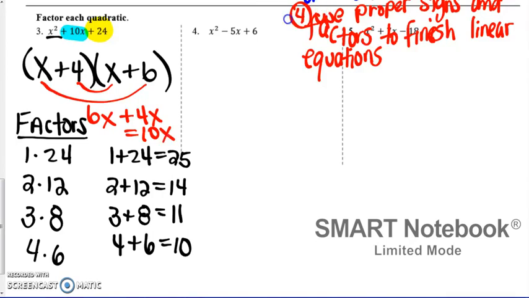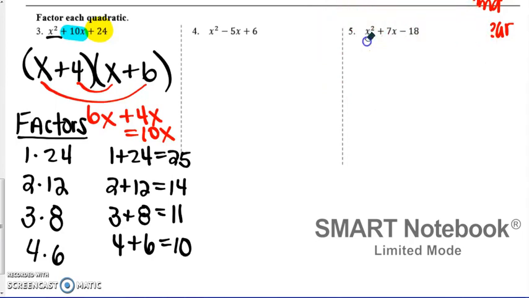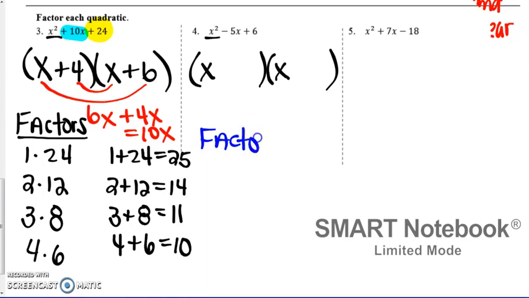I'll go ahead and run through 4 since the signs look a little different. So same story. The first thing I'm going to do is split this up into two linear groups, where I split x squared up into x and x. And I need to find factors of my constant. So factors of 6.